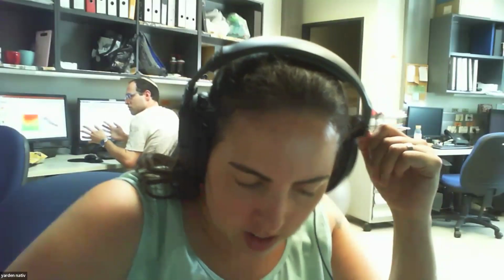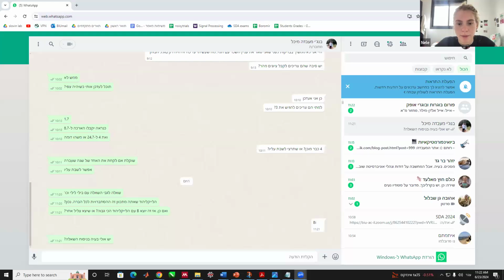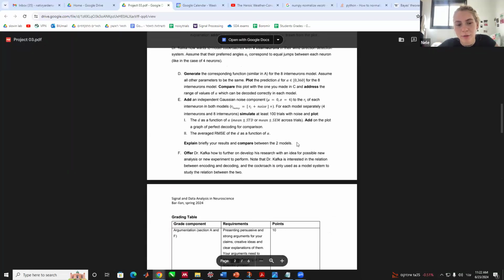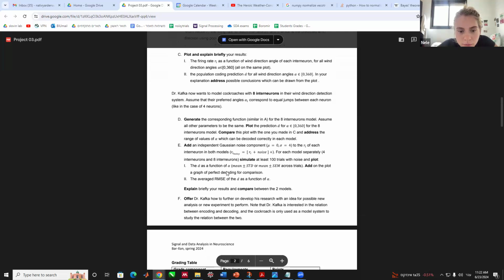I really just didn't hear you too good. Can you repeat the question? For 1E, we needed to calculate the SEM and also plot it, but it's not really visible because the SEM is so small.